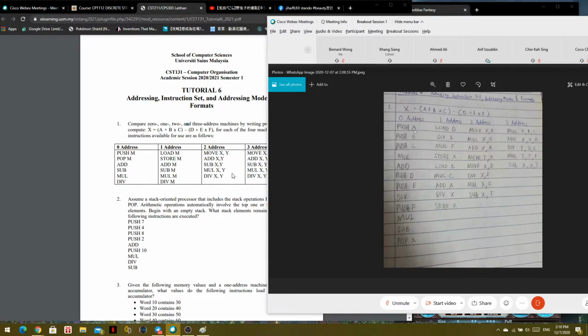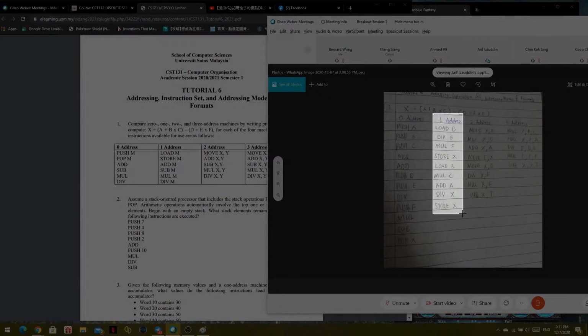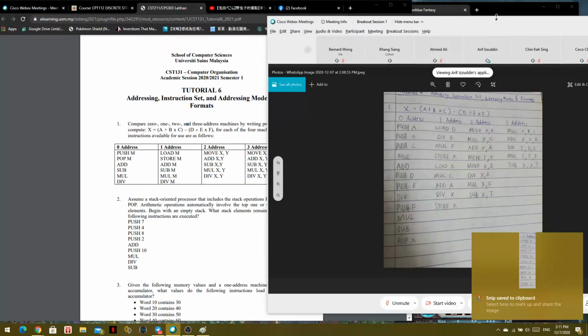We add with A, and then I push D, push E, and divide it, D divided by E. Then I push F and multiply, so D divided by E will multiply with F, and then I subtract. So the left part will be subtracted with the right part, and then I pop X.